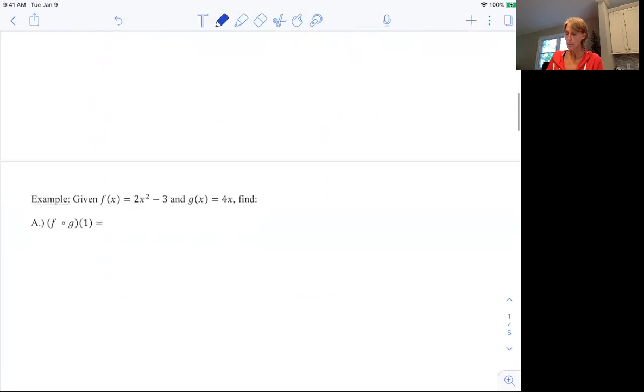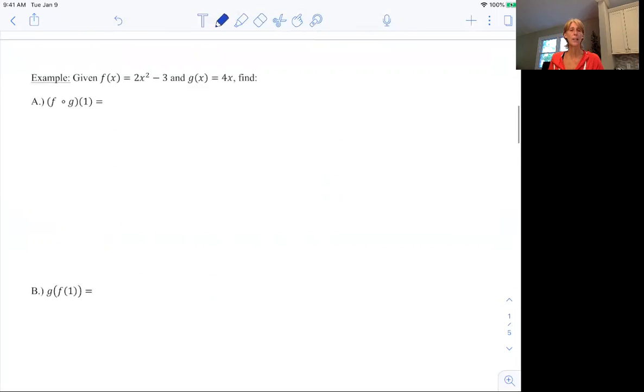The table is very easy to evaluate from, but we also have to know how to apply this to actual functions themselves using algebra. So let's say we're given f of x equals 2x squared minus 3 and g of x equals 4x. We want to find f of g of 1. Rewrite it as f of g of 1. Step 1, we're working inside out.